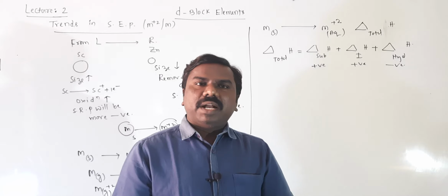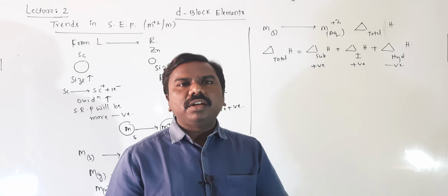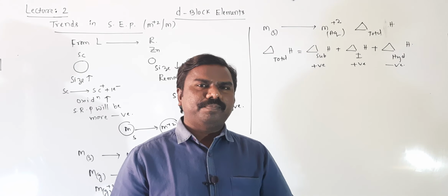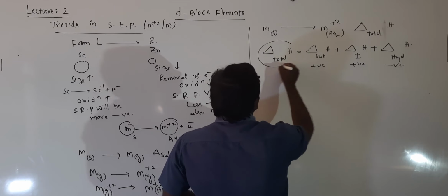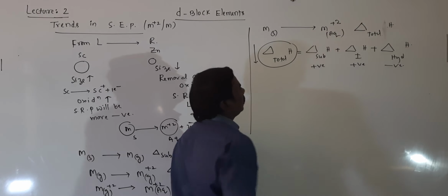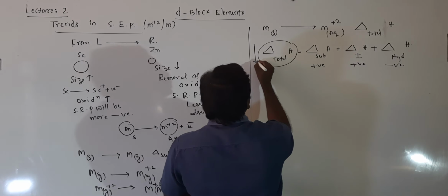But in the second case, you need to give 100 joules, so it is very difficult to form M2+ from M. That's why this total should decrease. If it decreases, the plus 2 oxidation state stability increases.